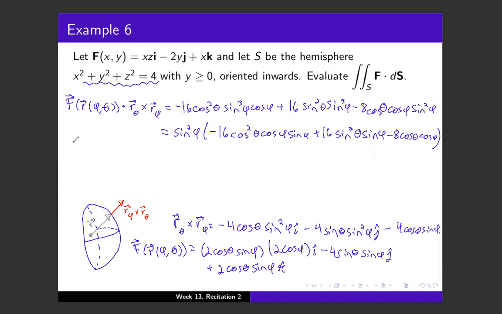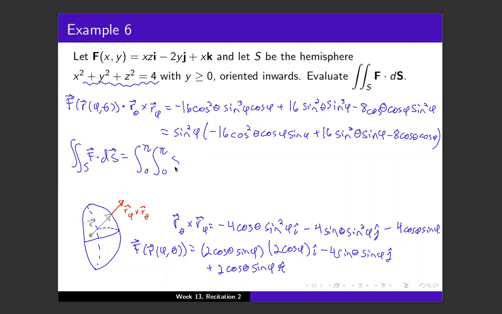So we calculate this thing, f dot dS. And in the interest of time, I'm not going to actually go and do the entire calculation, but you'll find it in the lecture notes once I post these to Canvas, which should be this afternoon. Once you actually do this whole thing, you've taken the dot product. Actually, let me make it a little bit nicer.